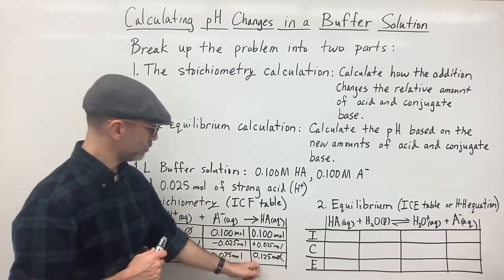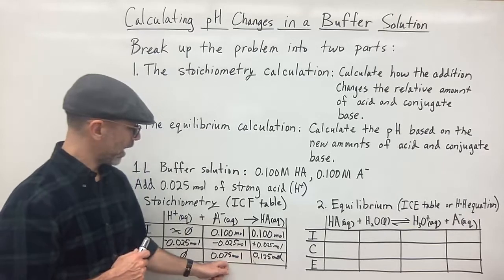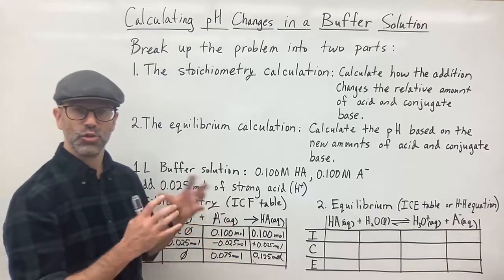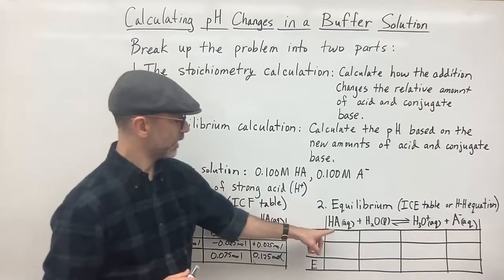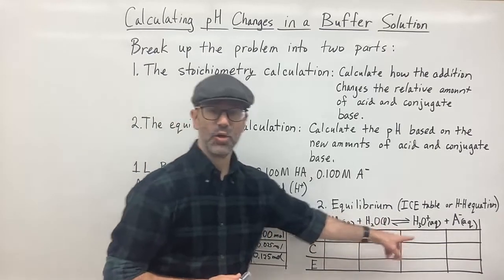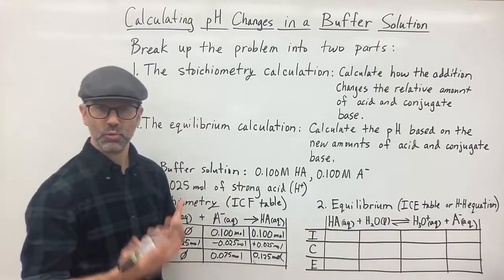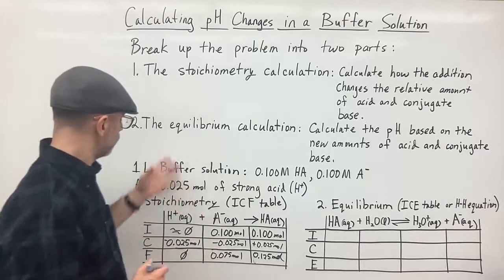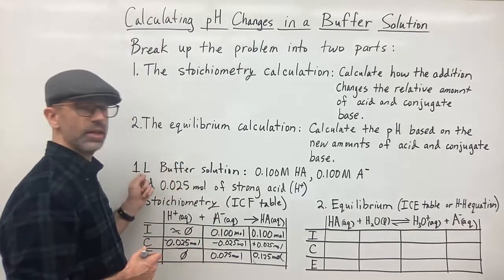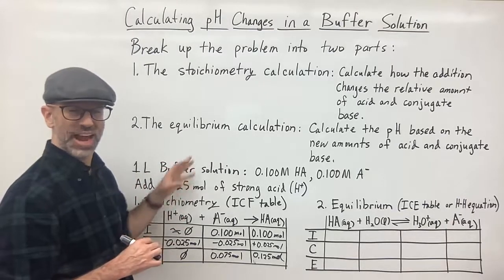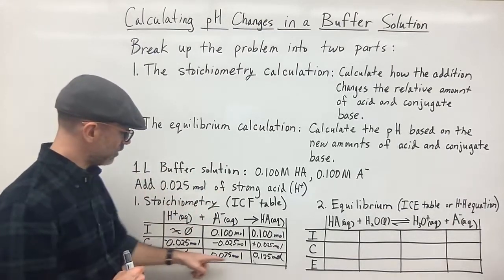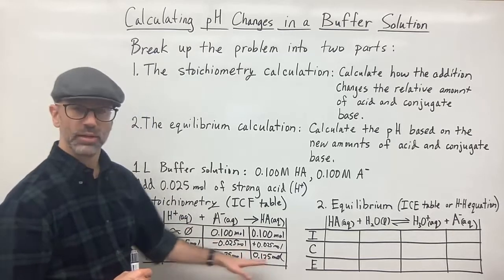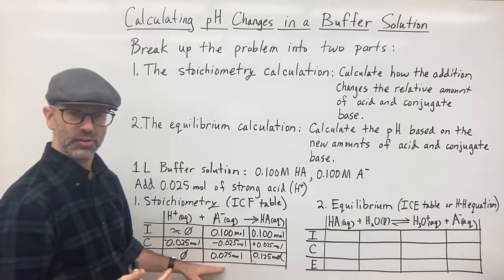So you would want to take the number of moles you have, divide that by the new volume after adding your acid or base, and then put the concentrations in your ice table and work with the concentrations. But since we're assuming here that the volume hasn't really changed much after adding the acid, we still have 1 liter. So if we divide these by 1 liter, you get the molarity. So the numbers stay the same.